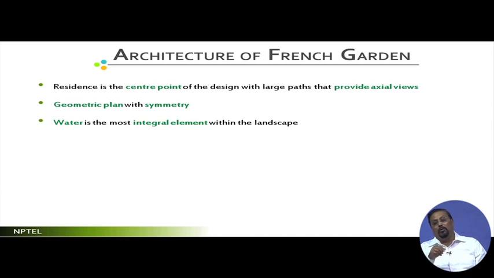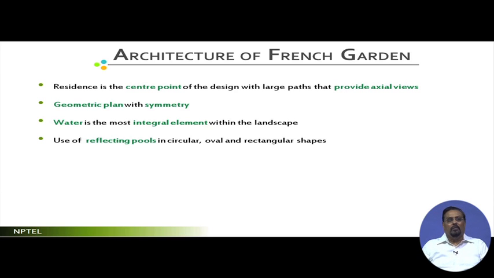Of course, water was also there in the Italian landscape. In fact, water is one of the strongest elements in most of the landscapes. There is a creation of reflecting pools. The pools are created in the foreground in such a manner that the buildings in the background will be reflected.